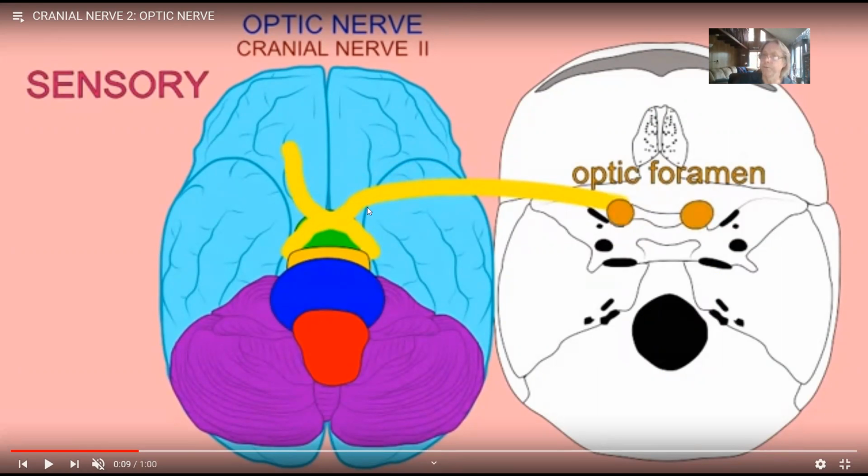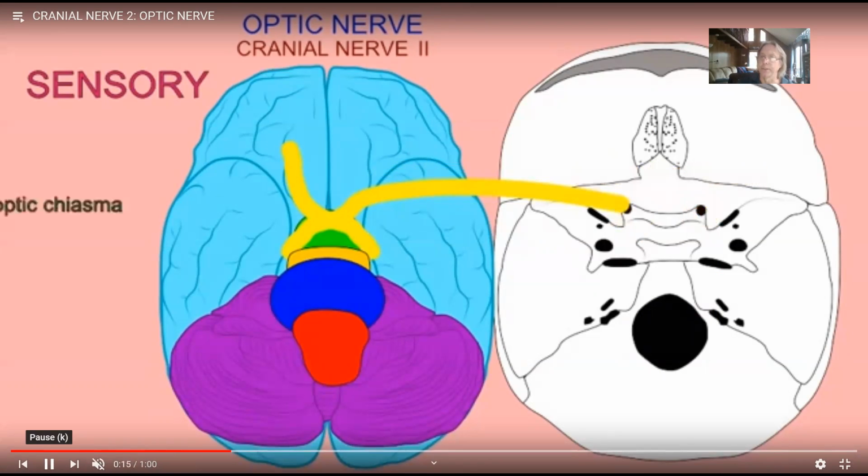They mostly crisscross, so for the most part, not entirely, your information from your left eye is going to be processed in your right brain, and they'll be destined for the visual cortex of the cerebrum for conscious processing. But remember that there are other involuntary centers, like the superior colliculus of the midbrain and the lateral geniculate nucleus of the thalamus. So when we talk about vision, we can get back into that.